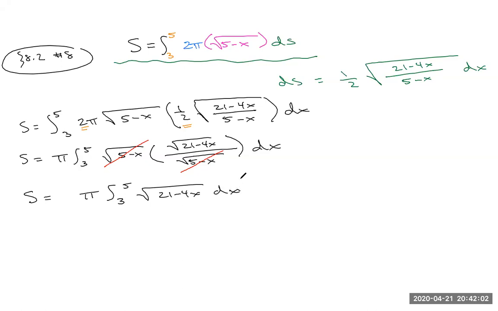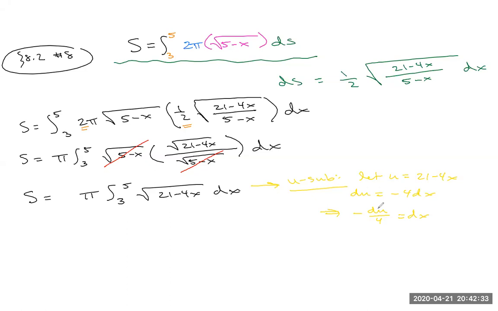This is going to be a u sub. Let u equal 21 minus 4x, then du equals -4 dx, which means negative du over 4 is equal to dx. And then, just for good measure, you can go ahead and do the bounds as well.